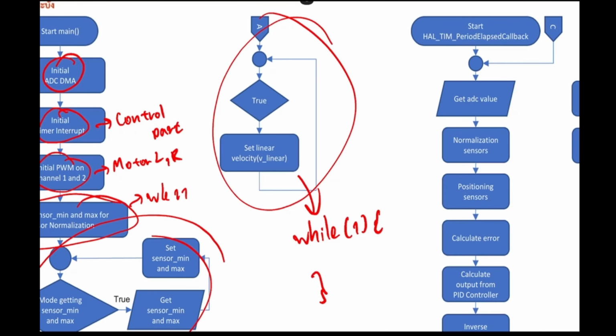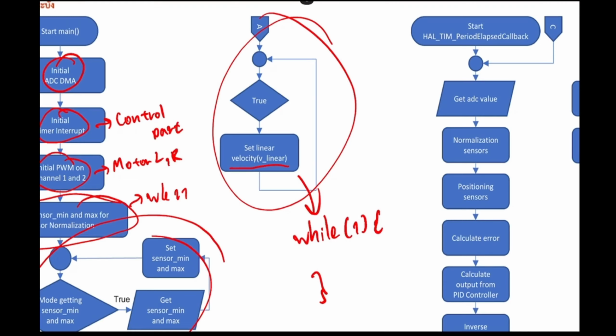In the block diagram, I set the linear velocity, v linear. Why do we have to write something like this? Do you remember I told you about the control part, right? We will use this one as one factor in the control part.